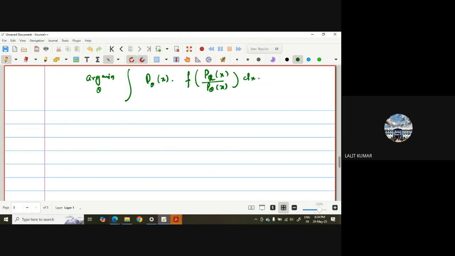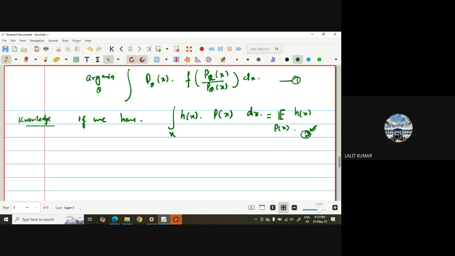We have some knowledge: if we have h(x) and some distribution p_X(x), then this can be written as the expected value of h(x) over p_X. This comes from statistics, but it cannot be used here, because this function comprises both p_X(x) and p theta of x, whereas that one has only p_X(x).